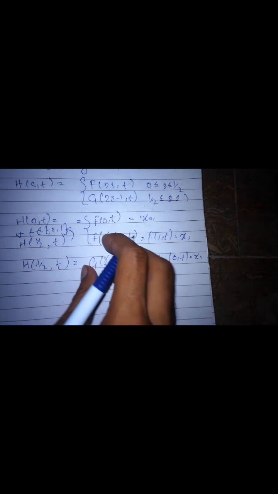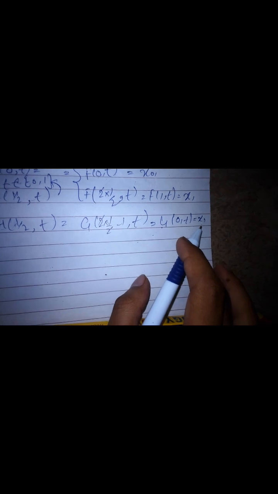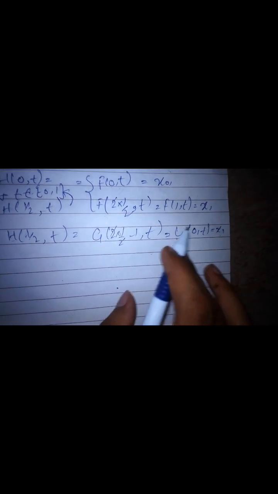As we know, G of 0 comma t is equal to x1, the starting point, initial point of path g.